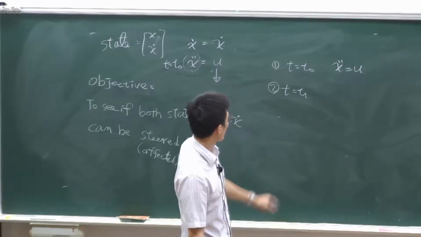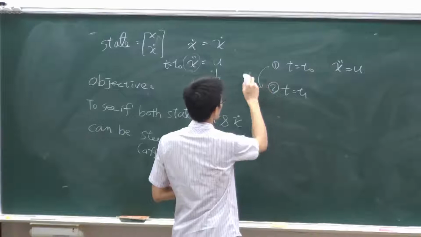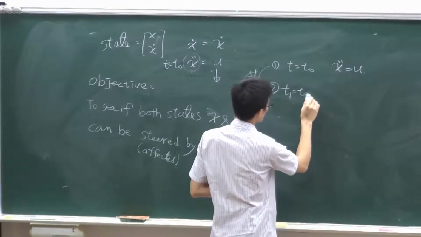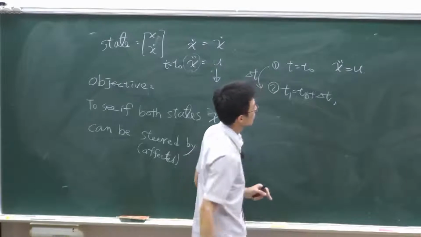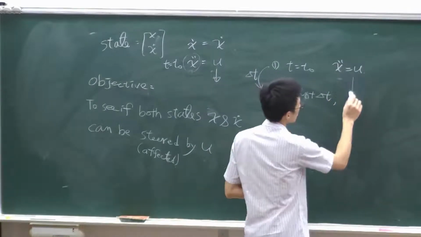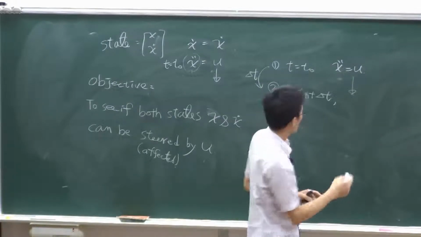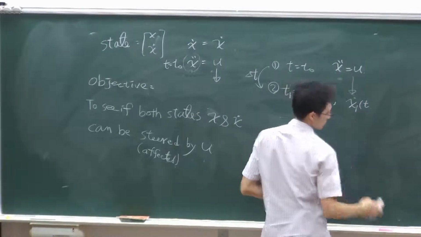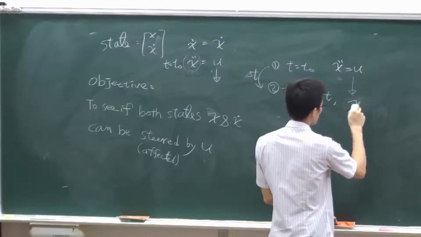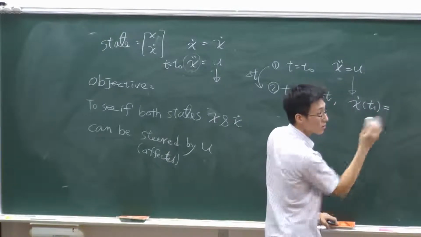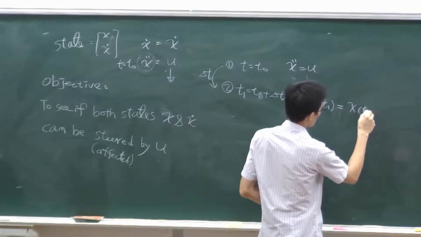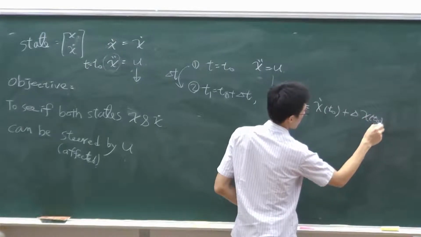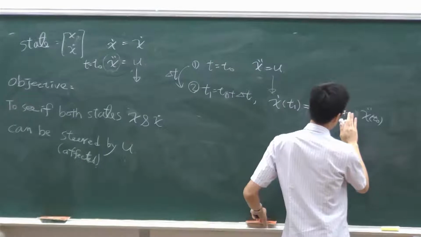We know that after this duration, delta t, t1 equals t0 plus delta t, and if you do the integration on the acceleration here, you will obtain that x dot at t1 will be x dot at t0 times delta t.